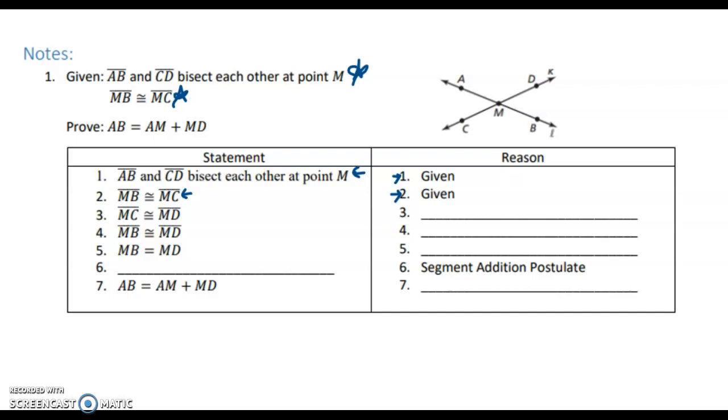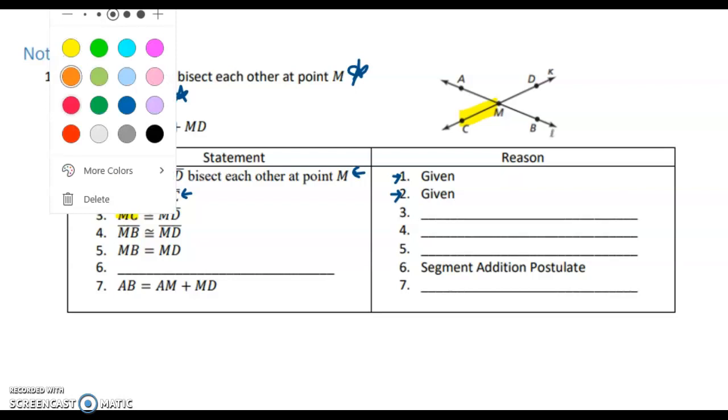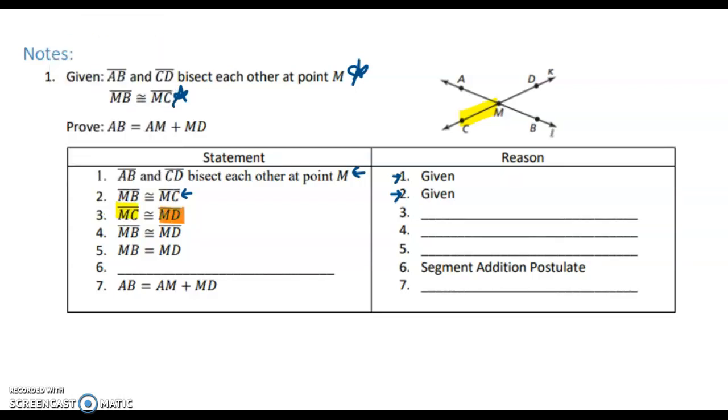So let's see what they said next. Next they said MC is congruent to MD. So let's look at where that is. MC is right there, and it's congruent to MD, and that's right there.